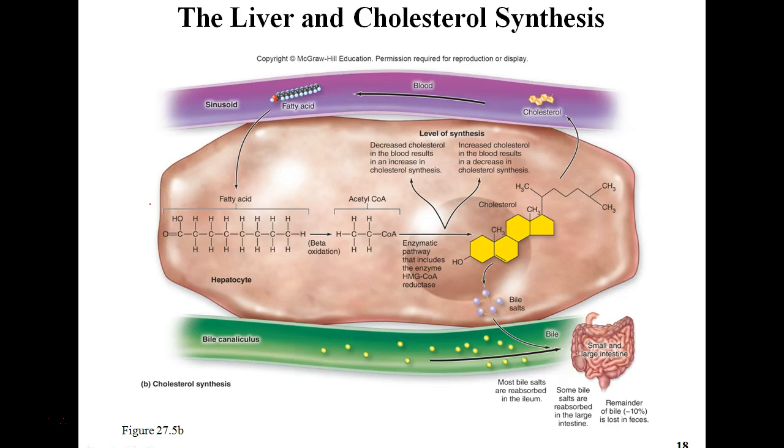Well, in this region, the cholesterol is synthesized within individual hepatocytes that compose that liver lobule. And following that synthesis of the molecules, they're released either into the blood of the liver sinusoids, or they're synthesized into bile salts and released as a component of bile into that bile canaliculi.